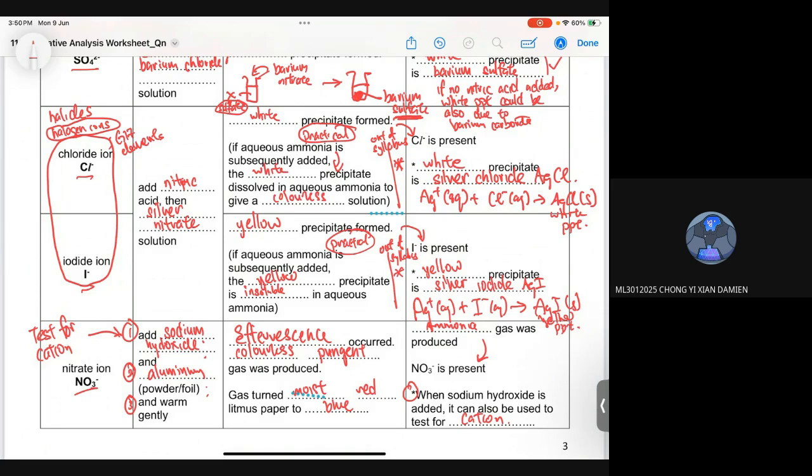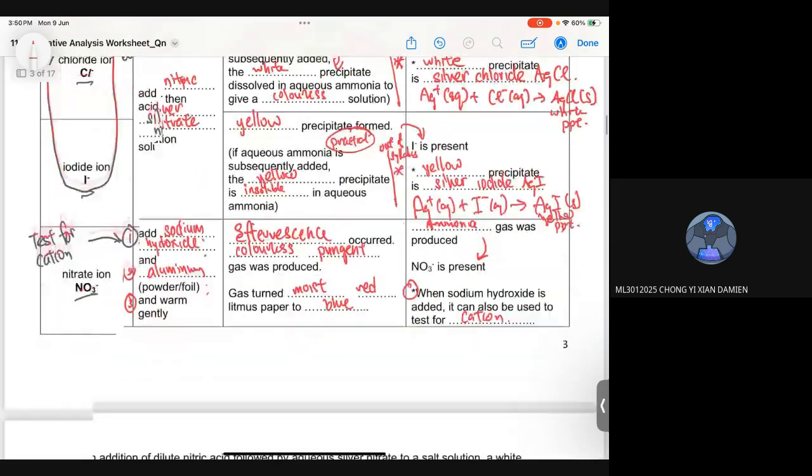Let's pause here for the next 5 to 10 more seconds, just to have a sense of what the tests for anions are. Okay, 5, 4, 3, 2, 1. Can I have you all put a thumbs up just to check you are still with me, and then we can carry on to the next segment. Okay, good.